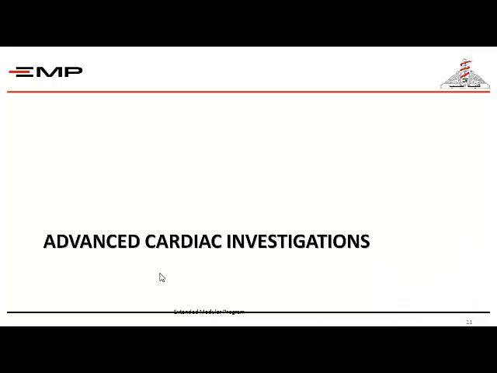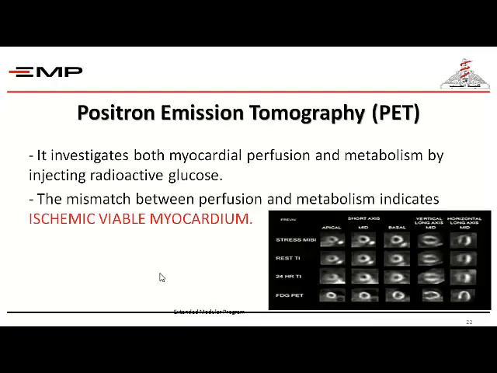We have also more advanced cardiac investigations, which are the positron emission tomography, which is called PET. It investigates both myocardial perfusion and metabolism by injecting radioactive glucose. You are testing perfusion by injecting radioactive material, and you are testing cellular metabolism by injecting radioactive glucose.